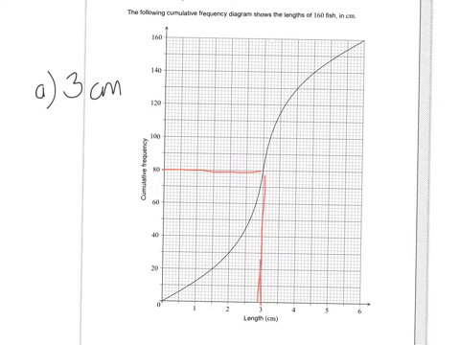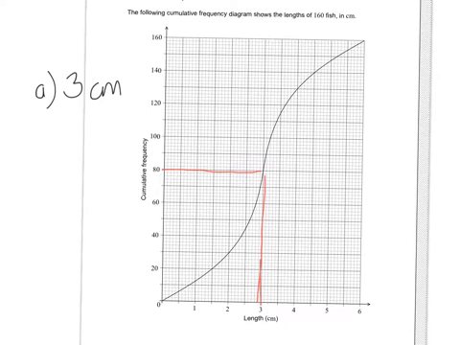That's one of the great things about the median, is that it's not affected by outliers. So the median is 3, but it's not because it's in the middle of 0 and 6. The median is 3 because the 80th fish, when you put them in order from 0 to 160, is 3 centimetres long. And that wouldn't change if we had one more fish who was 20 centimetres long, 50 centimetres long.